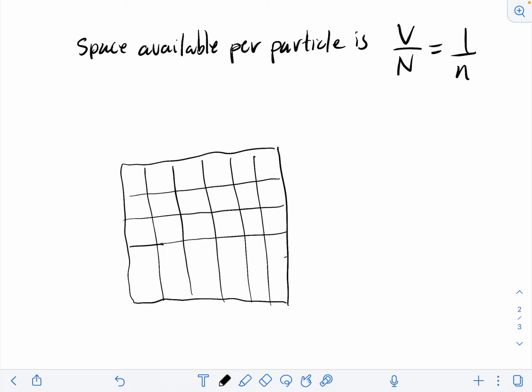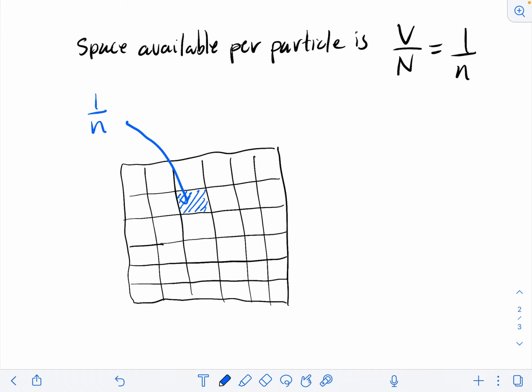And each of these squares, or in 3D, each of these cubes, represents the space that's available to a particle. So for example, we could take one of these squares, and the size of that square is 1 over the number density.